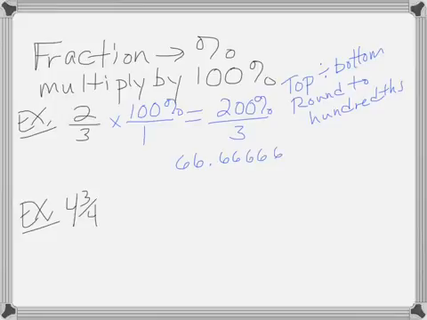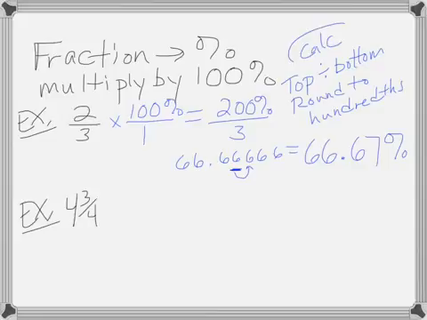If I want to round to hundredths, I want to look to the right. That number of 5 or bigger, yes. So I bump up the 6 to a 7, 66.67. And again, because I'm converting to a percent, I need to show that it's a percent by keeping that percent symbol. So top divided by bottom, put it in your calculator.